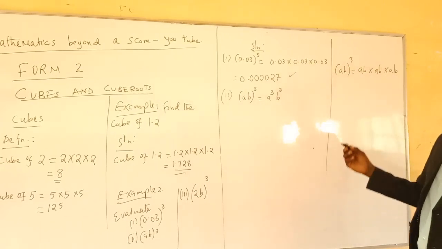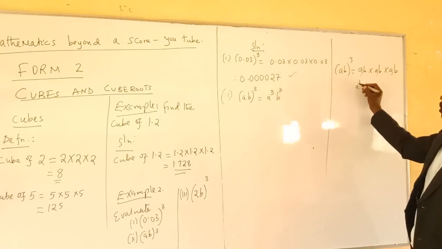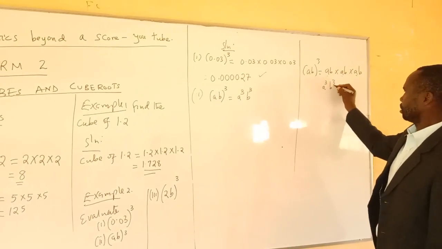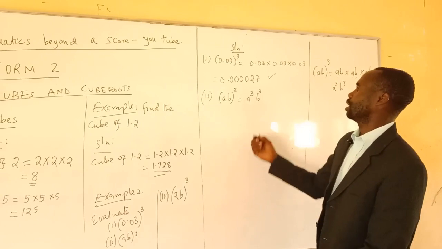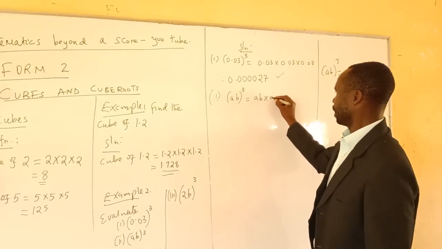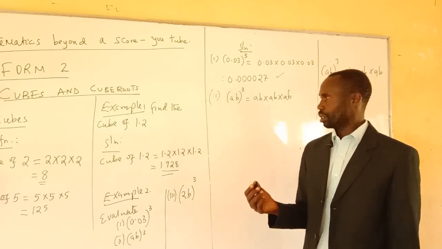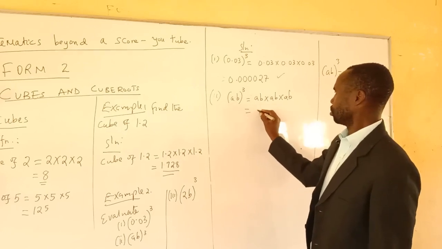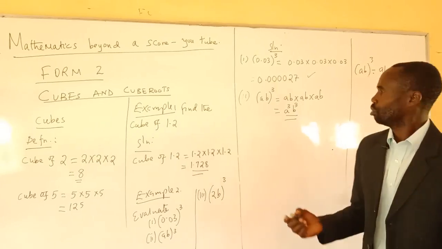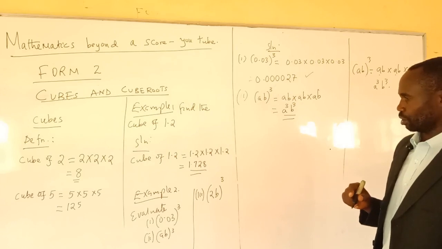So a times a times a is a cubed, and b is b cubed. But if you want to earn a mark, don't do it this way. You just put ab multiply by ab multiply by ab, so that the examiner can see what you are doing. So this is equal to a cubed b cubed. Know that this one affects this and this one affects this in your examinations.